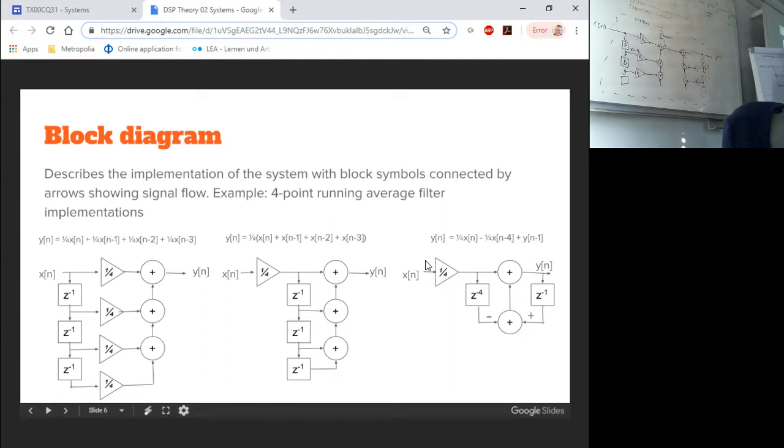A trick happens. Okay, b0, b1, b2. See, we have the same signal here.